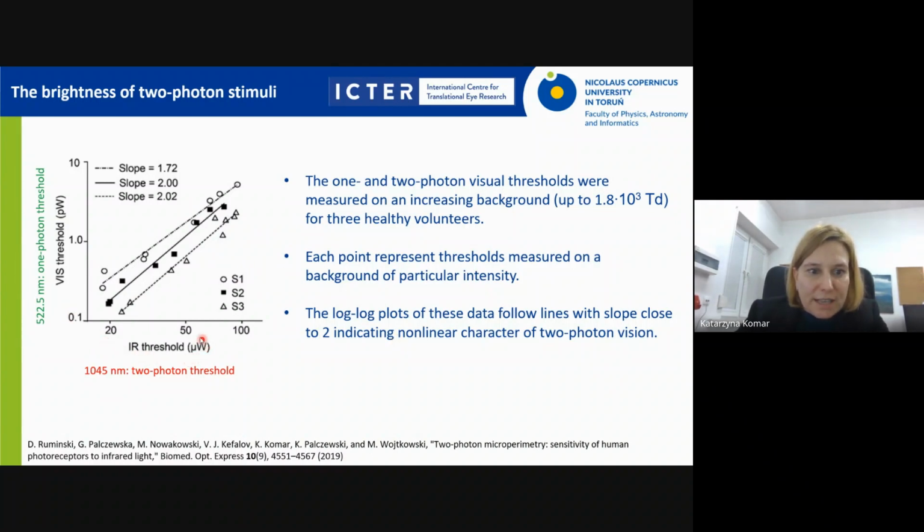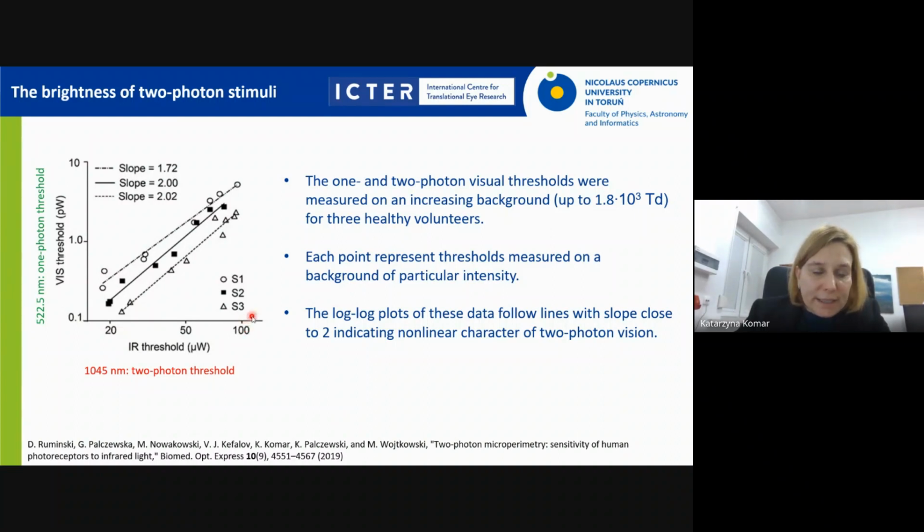Both were perceived as green because they were 1045 nanometer and 522 nanometer, on a green background of increasing intensity. The intensity of this background increased from 0 to 1800 trolands. And we asked them to measure both thresholds for this 1 photon and 2 photon stimuli on the same background, and then plotted the results on log-log plots.